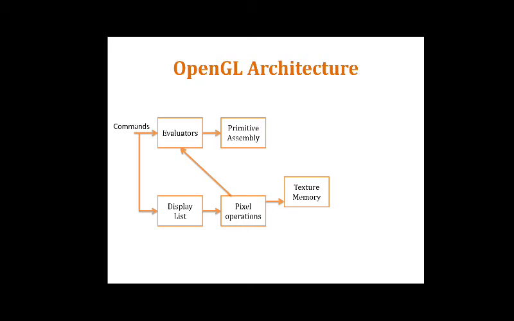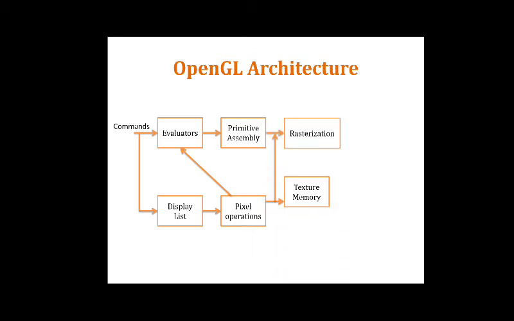whatever operations we have performed on pixels, that is mapping, zooming, storing, etc., may use the texture memory, meaning the pixel data is stored as texture memory for use in the rasterization stage. So whatever stage we are using further, for that you can give this texture memory as input.